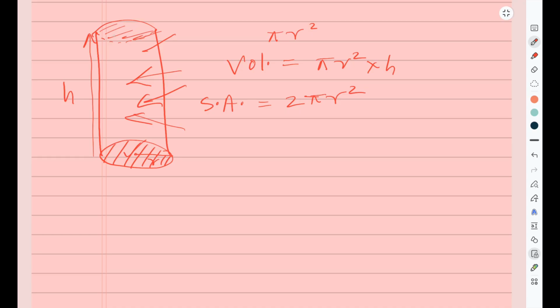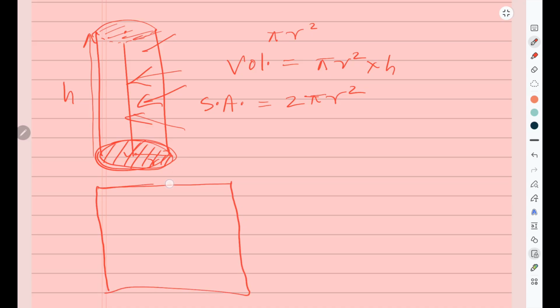Okay, so let us just, for example, cut it from here. Take a knife and cut it. So what happens? This circle rolls out like that, and what will be the length of this side then?